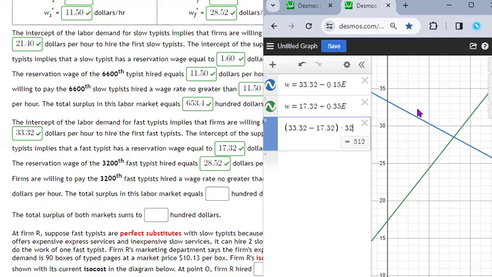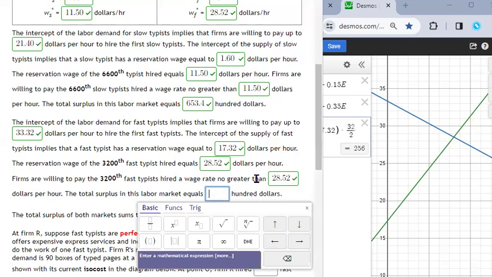That's the area of a rectangle, and the area of a triangle is half a rectangle. So the surplus for the fast typist labor market is $256,000. In dollars, it's $25,600.